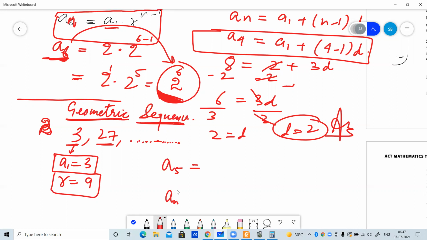Superscript, subscript, you know: on the top you're writing some name, and on the bottom you're writing some name. So what will the subscript do? It is just denoting which term you are interested in. So which term do we put there? A5. Yeah, so put a subscript 5.